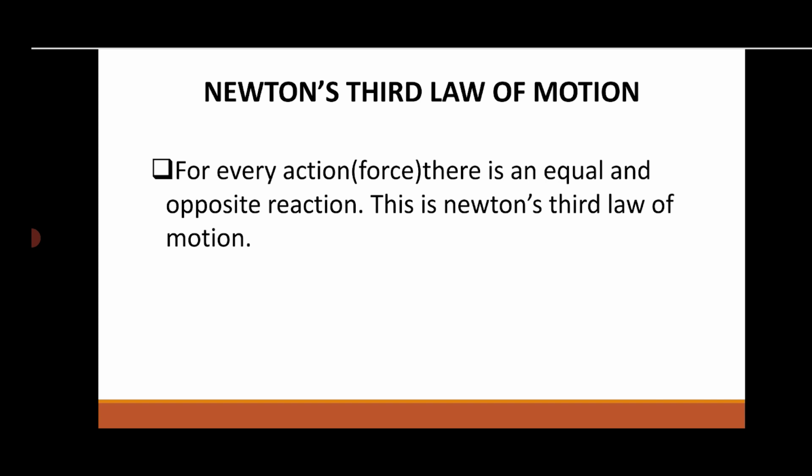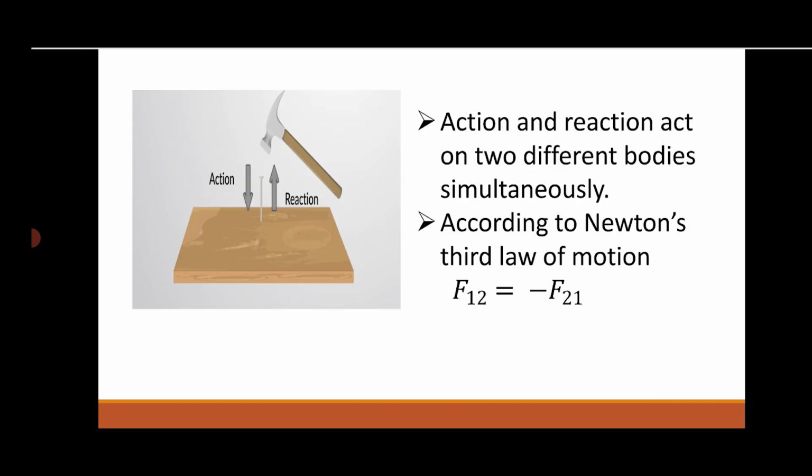Now we can analyze a simple example. When hammering a nail, what is the action here? Yes, the action here is the hammer exerts a downward force on the nail, pushing the nail into the wood.